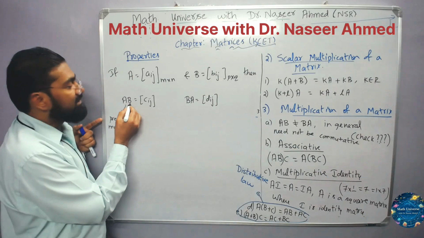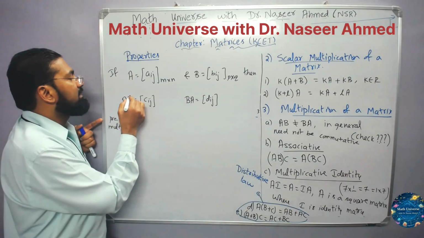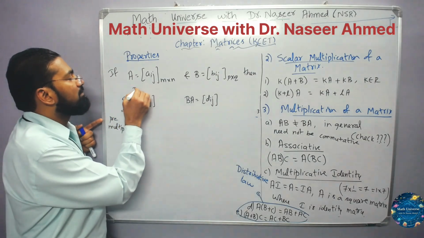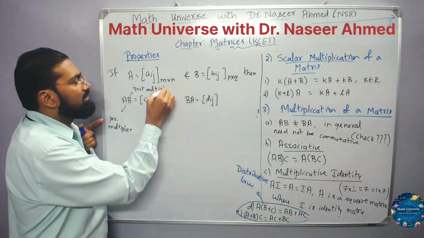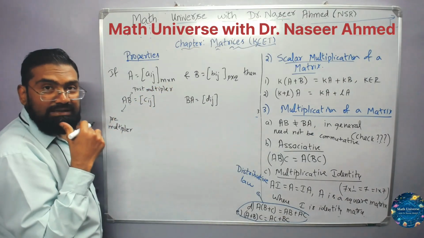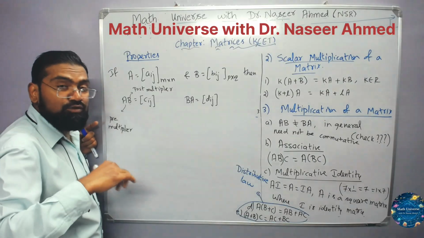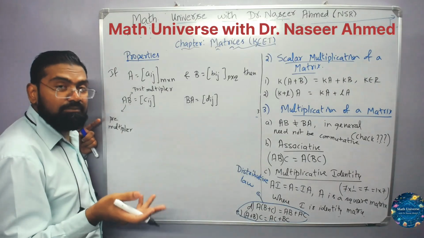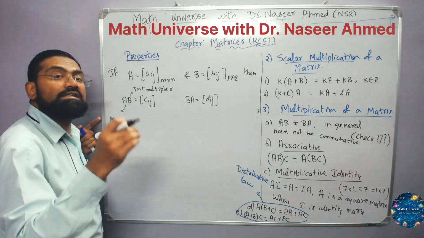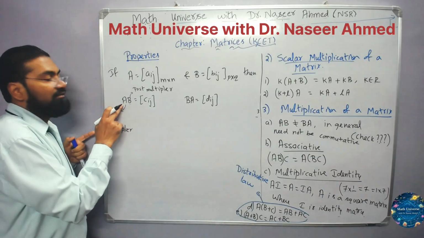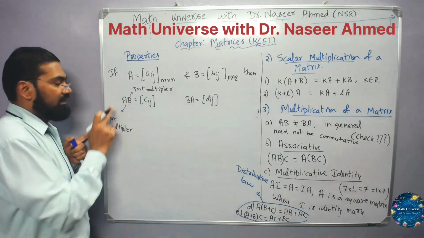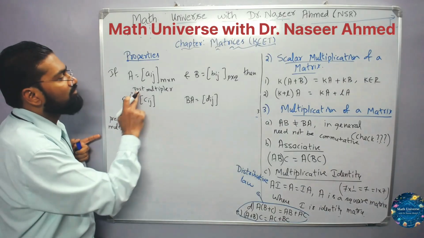Since matrix B is present after A, matrix B is called the post-multiplier. Same like mobile charges: postpaid, prepaid. Postpaid is first utilize the services and then pay the amount. Prepaid, first pay the amount and then utilize the services. Same thing. Before is called pre-multiplier, after is called post-multiplier.